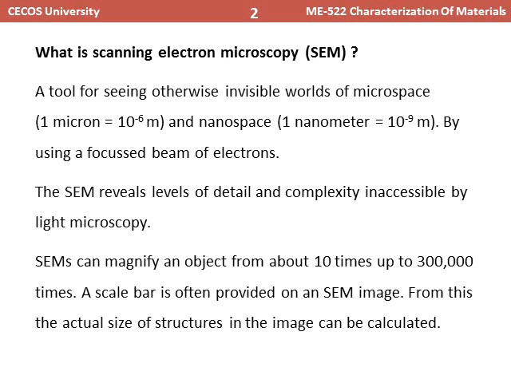So from 1 micron to 1 nanometer, which is the size of an atom, we can see this range from micrometer to nanometer by this very beautiful equipment named scanning electron microscopy.